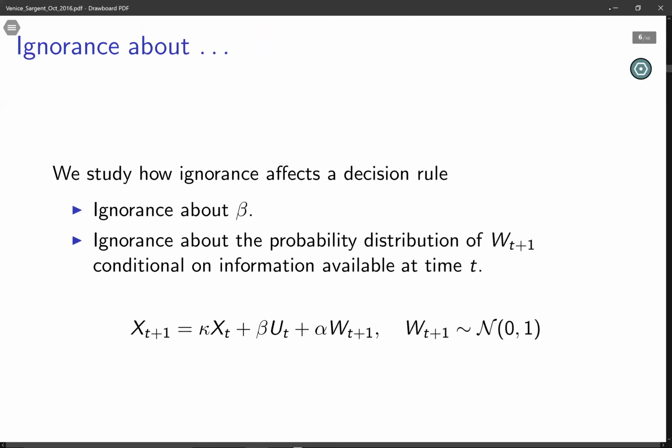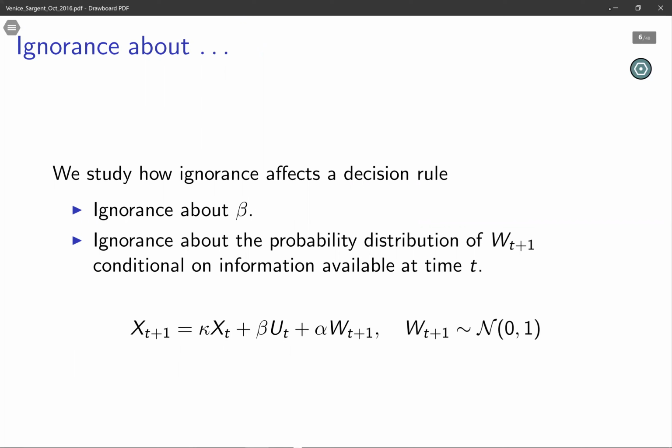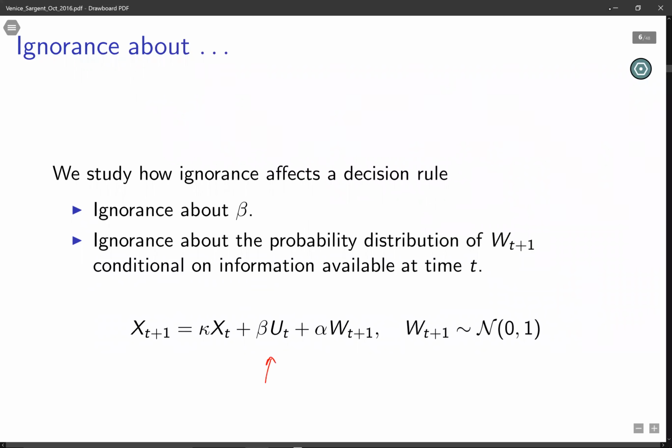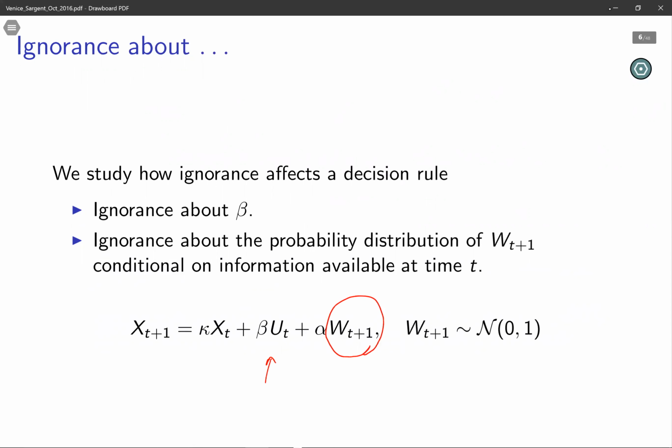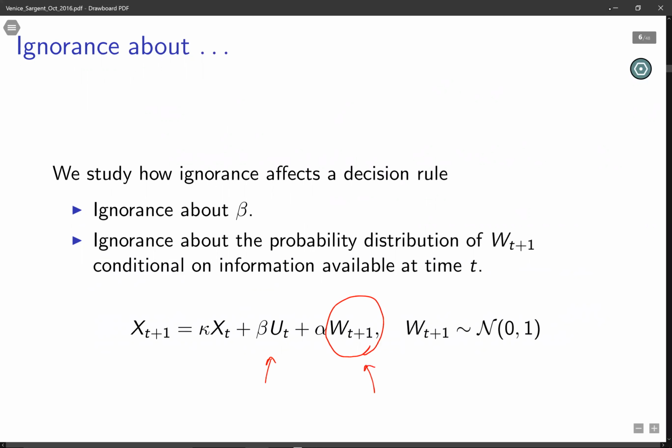So what we're going to do is study how ignorance affects the decision rule. And there are going to be two kinds of ignorance we're going to talk about, extending what Friedman did. We're going to talk about ignorance about beta, this coefficient. And we're going to talk about ignorance about the conditional probability distribution of W, which Friedman did not talk about.